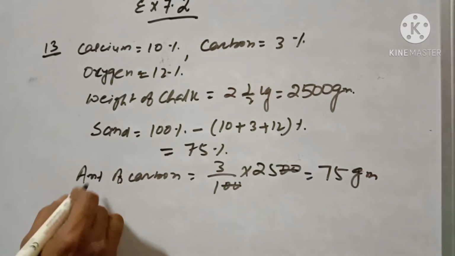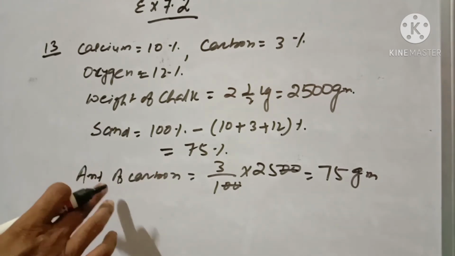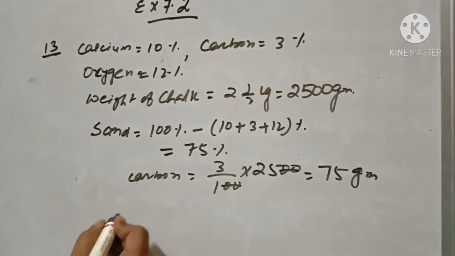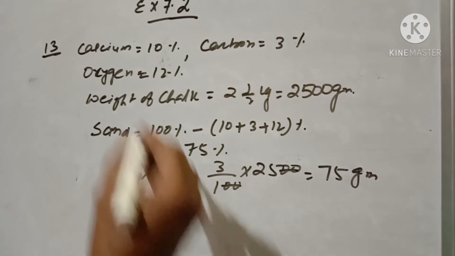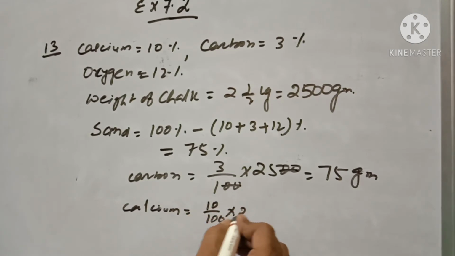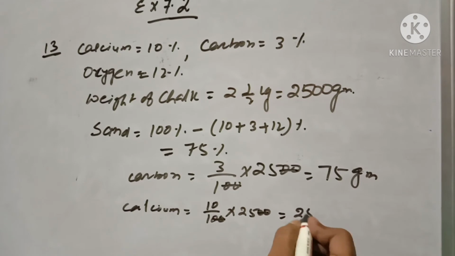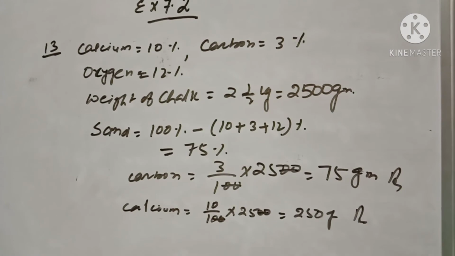Now amount means here you don't count money. Amount means how much carbon is there. So carbon equal to, don't write amount, better, you will get confused. Now we have to find out calcium. Our calcium equal to what? 10%. 10 by 100 of 2500, means 250 gram. This is one answer, this is one answer. Up to here you write first.